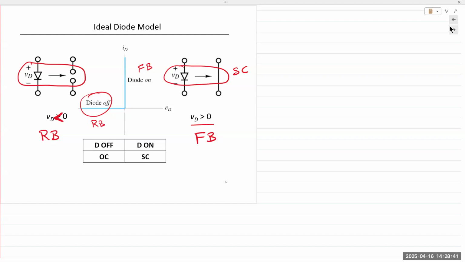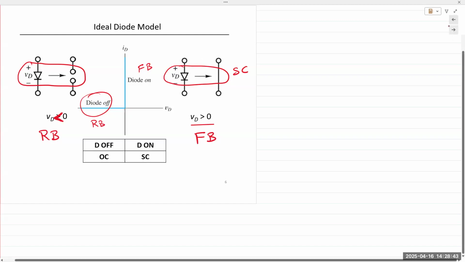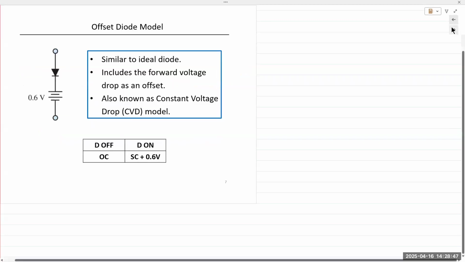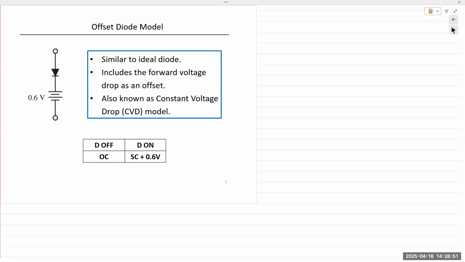But obviously this is an ideal diode. Ideal components do not exist. So to get a better value of the voltage and current, we use a different model known as the offset diode model. The offset diode model is exactly the same as the ideal diode model in reverse bias.